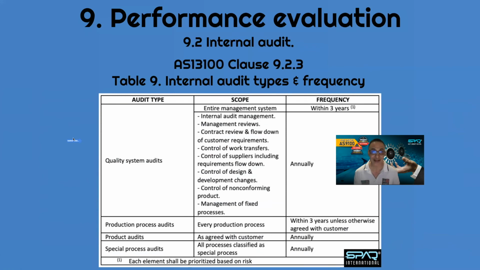Here's Table 9 that was mentioned in the previous slide. So we have the audit type, the scope, and the frequency. Quality system audits, the scope is the entire management system. It has to cover internal audit management, management reviews, contract review and flow down of customer requirements, control of work transfers, control of suppliers including requirements flow down, control of design and development changes, control of nonconforming product, management of fixed process.